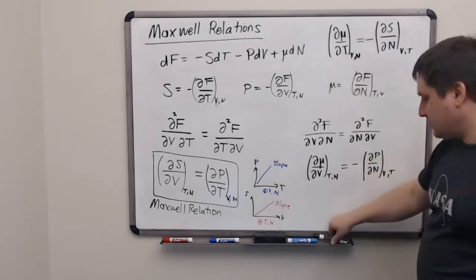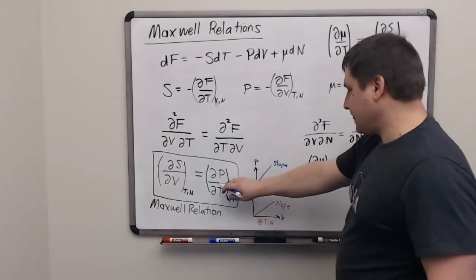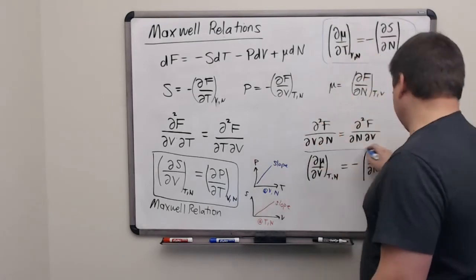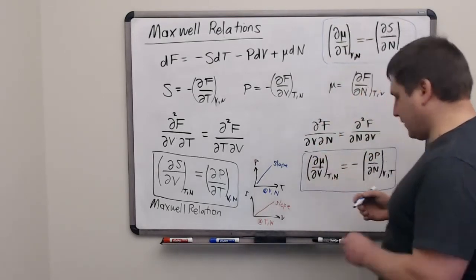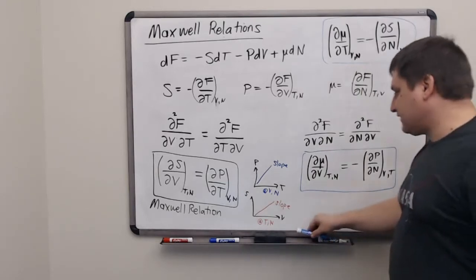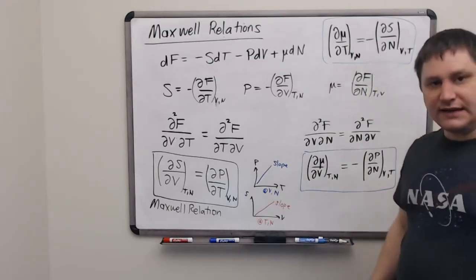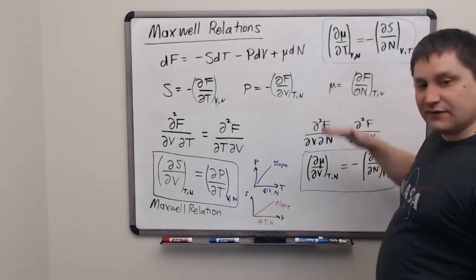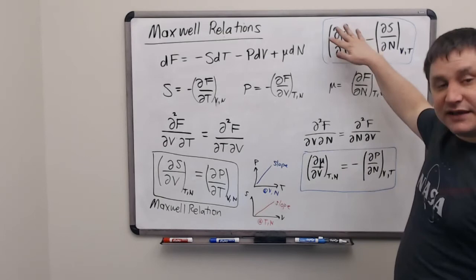So this, this, and this are the three standard Maxwell relationships for the Helmholtz free energy. Now there are other ones that we can write down. We can invert both sides of these.